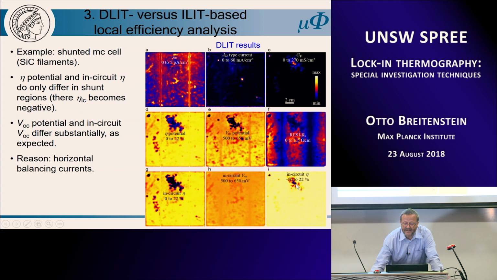And also we nicely see here that the in-circuit VOC has much lower variations than the VOC potential, as we already expected. The reason is the interconnection of all these regions in a solar cell by the grid and by the emitter.